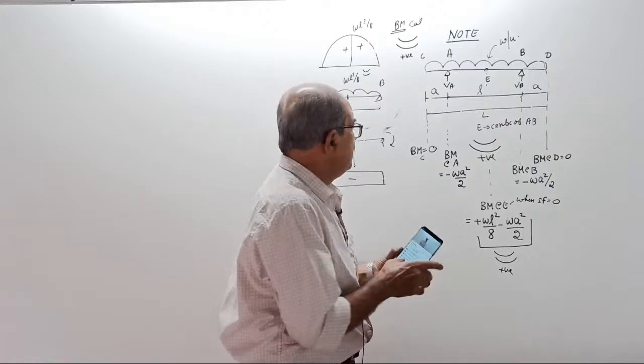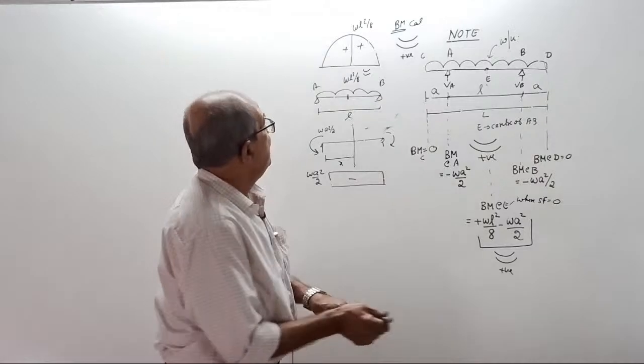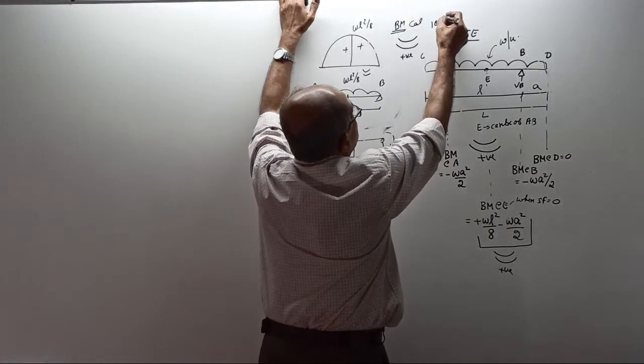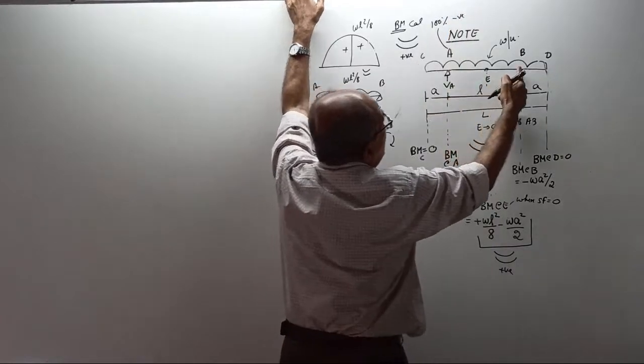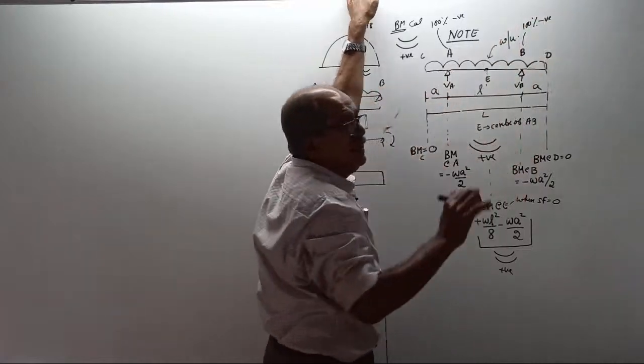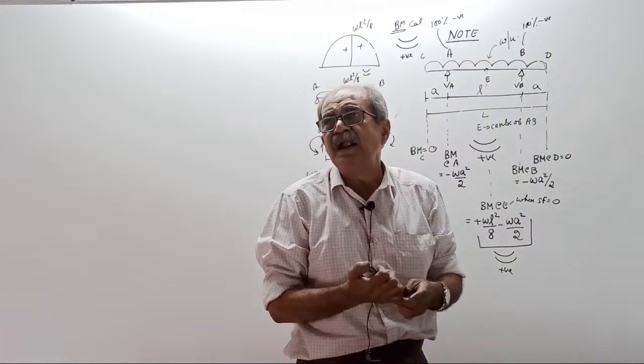So now all depends on what? One important thing, make a note. Bending moment at A is 100% negative. Bending moment at B is 100% negative. Clear? At the supports A and B, it is hogging, 100% negative.